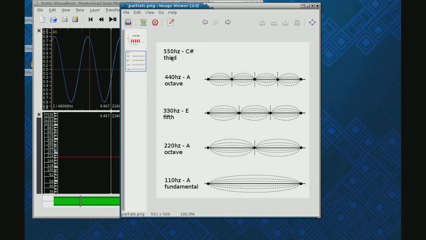But we would call, don't get me into just intonation right now, we don't want to go there, but 550 is effectively a third. And if you've studied music at all, you might notice that fundamental, a fifth, and a third make a major chord. 660 would be an E, a doubling of 330, and on up.